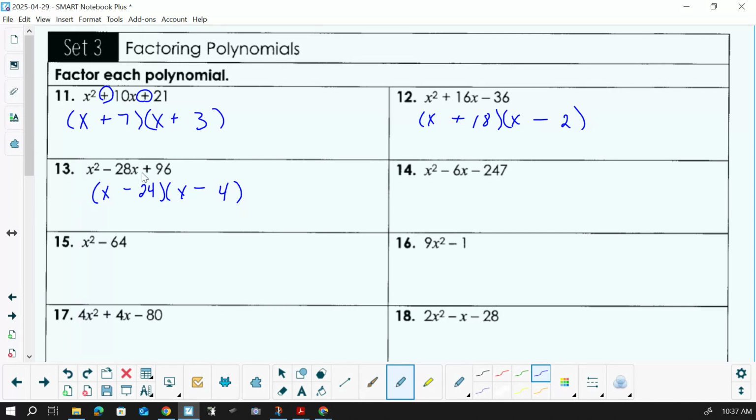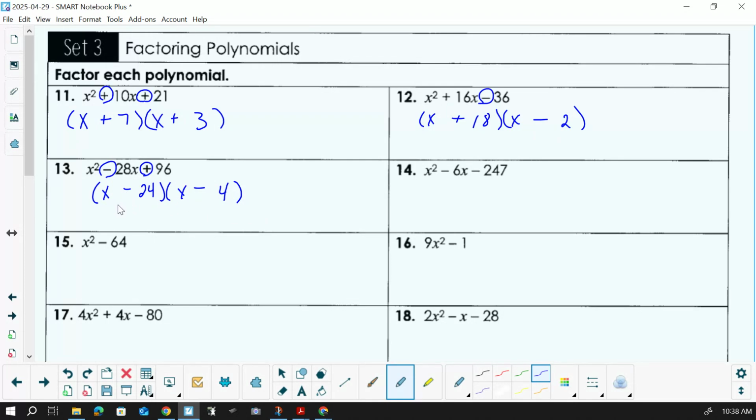Okay? Notice what's here. Second sign is positive, means that they got to be the same sign. The first one's negative, which tells me they're going to be both negatives. Okay? Now, if the second one is negative, they're going to be different, and then which one it is, this is going to go, if it's positive, the bigger number is going to be the positive. Okay? I know that's a lot to take in.